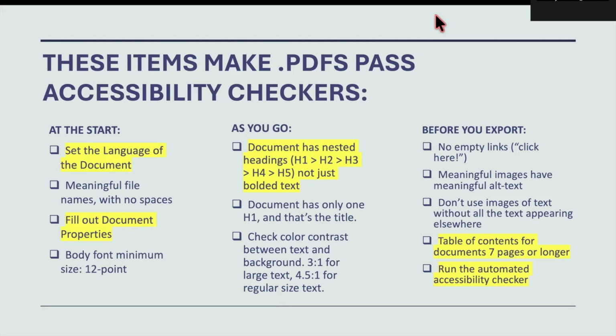As you go, the document will have nested headings where H1 comes before an H2, which comes before an H3, which comes before an H4, which comes before an H5. And you're using actual headings and not just bolding text. And then before you export, you're adding a table of contents for any document that is 7 pages or longer, and you are running the automated accessibility checker.